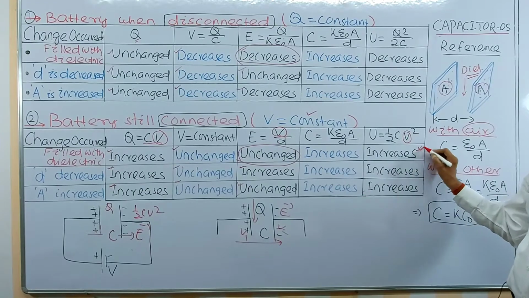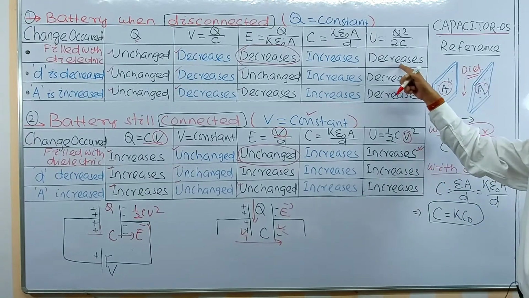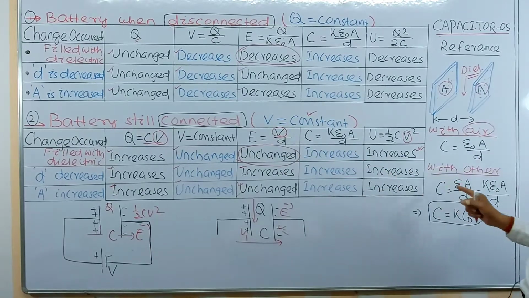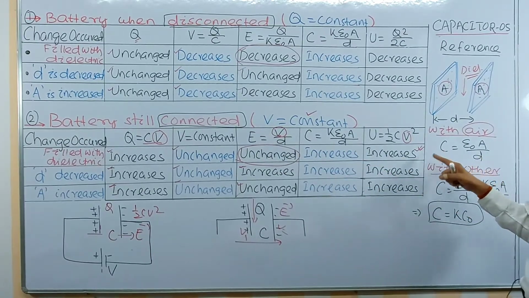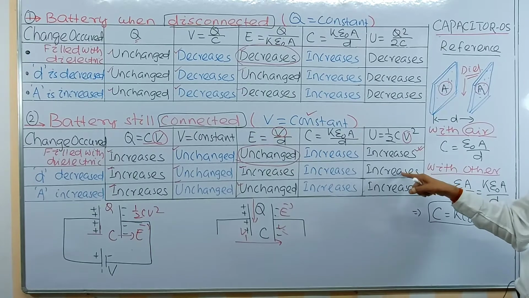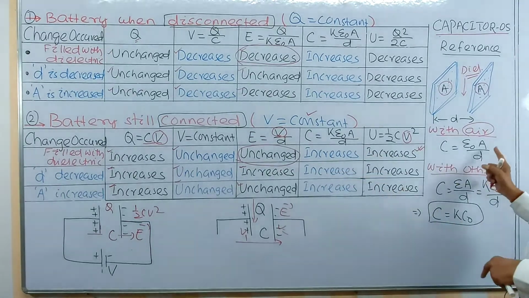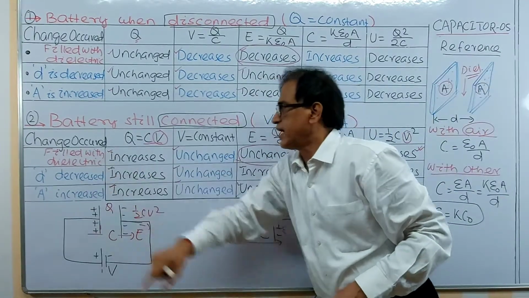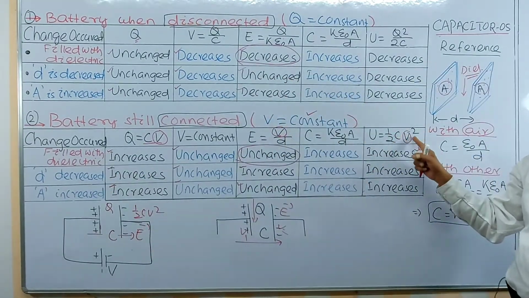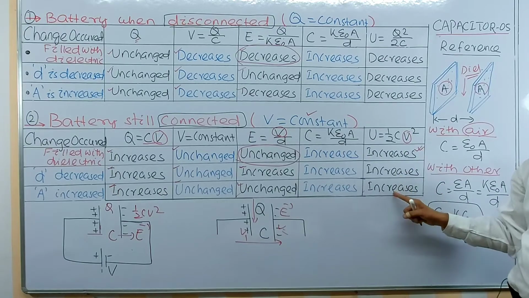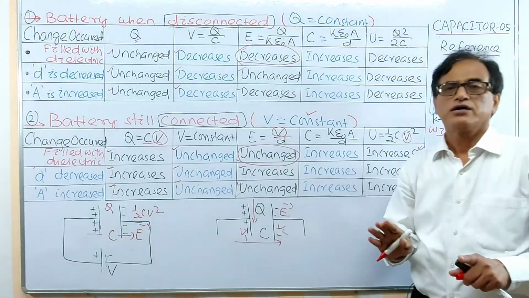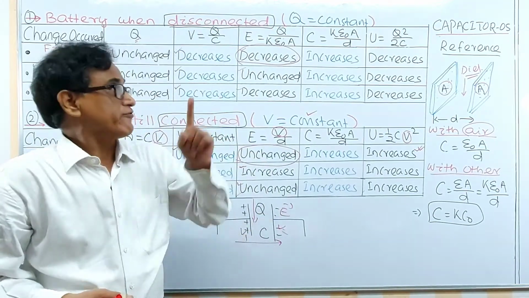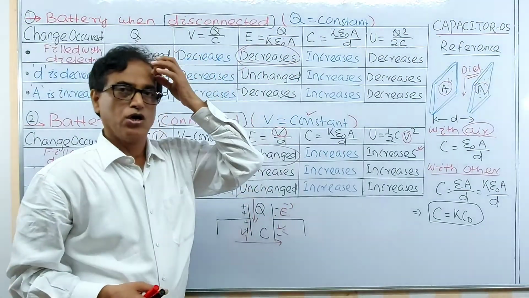That's why this energy increases. Here when D decreases, capacitance increases. So obviously this energy increases, and in this case when A increases, capacitance increases, so this increases. In all three cases, capacitance increases, voltage remaining constant. These three factors are increased. So I think the appropriate formula should be considered.